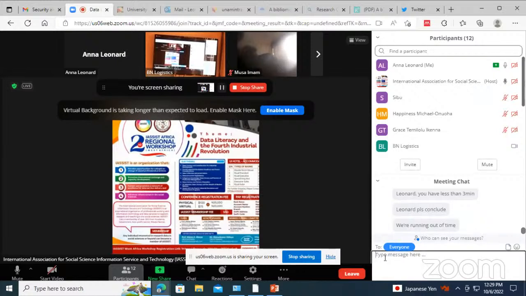We need to figure out how librarianship and research fit into the theme of the conference. We could look at the angle of data literacy, enhancing data management, and so on. We can link into that. Thank you.